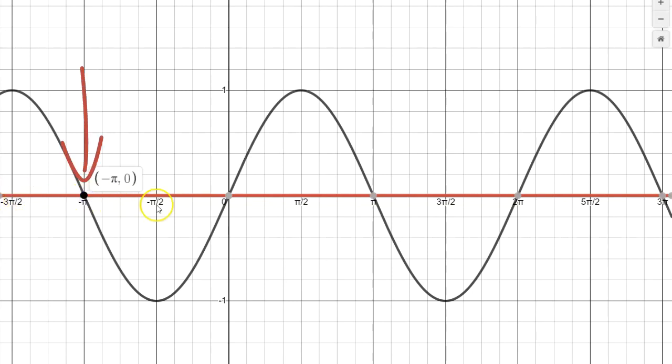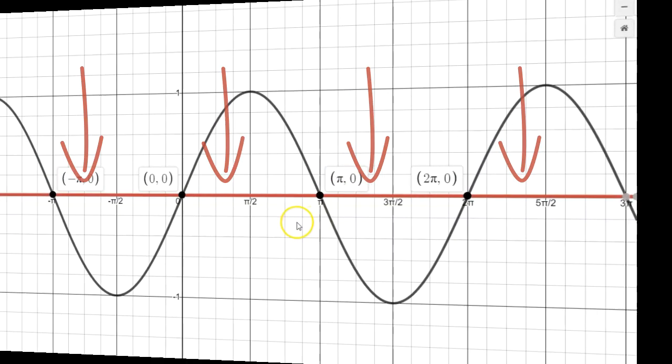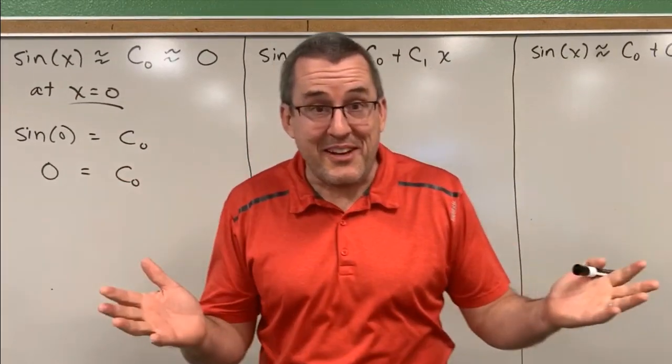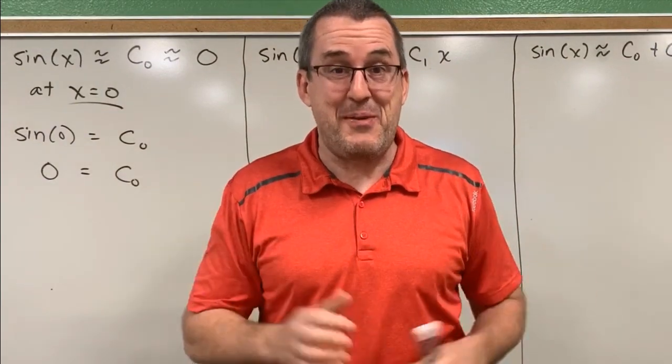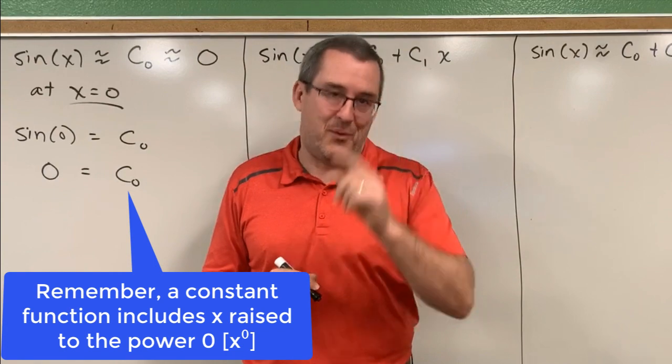And right there, and right there, and right there, the function y equals 0 and the function y equals sine of x are exactly the same. Now, clearly, y equals 0 is not the best polynomial function to model the sine of x. Let's see if we can do better. So do you believe it now? The sine of x can be approximated by the constant function y equals 0, but not well.